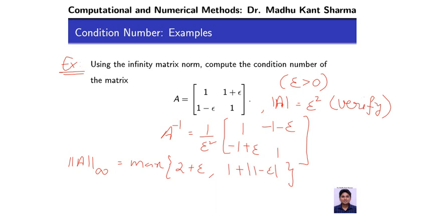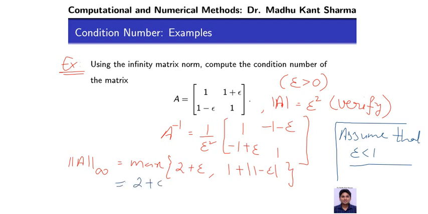One more assumption you can make: I'm assuming that, for simplicity, epsilon is less than 1. So the second row sum is 2 minus epsilon and the first is 2 plus epsilon, so norm A infinity is 2 plus epsilon. What about the infinity norm of A inverse?